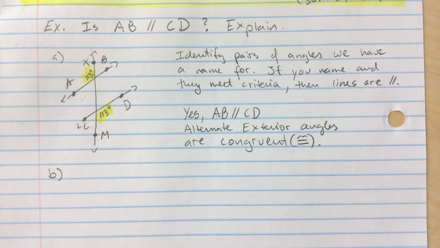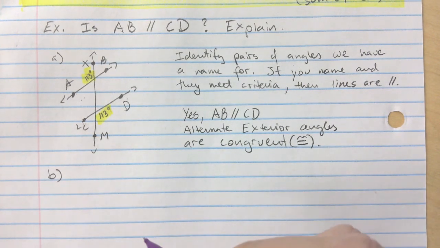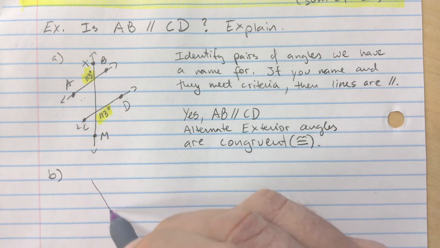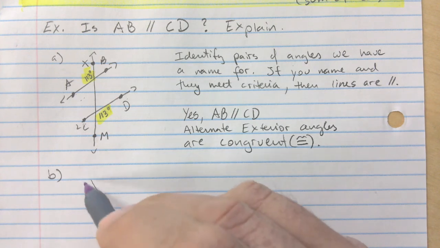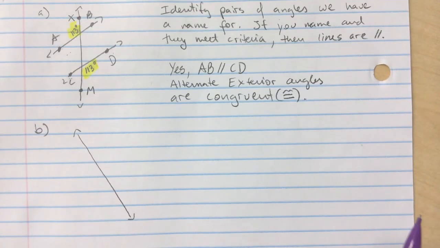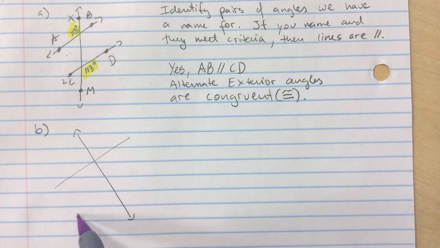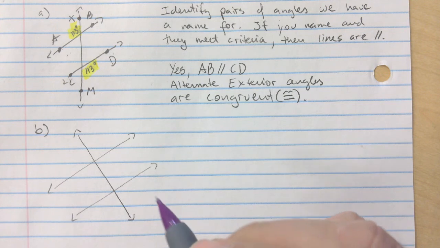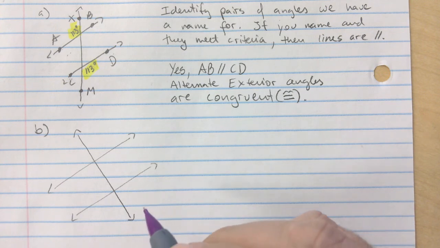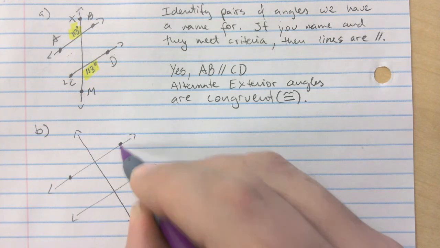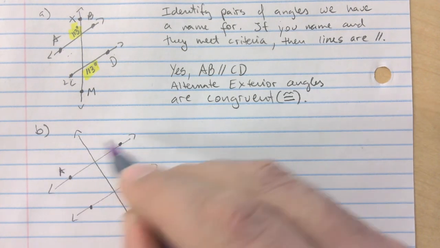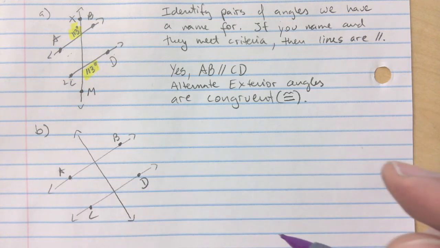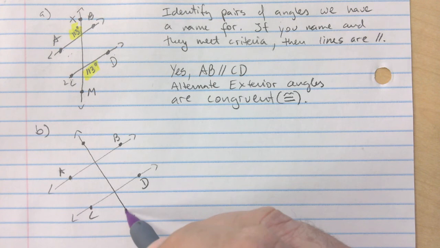Part B. Let's make one that's a little trickier here. So I'm going to have that and two lines going this way. Lots of diagrams, okay? And we're going to do the same thing. A, B, C, D. We're going to call this XM.